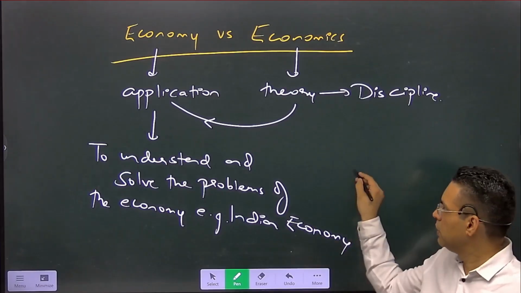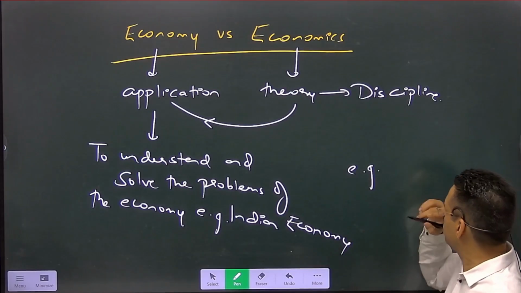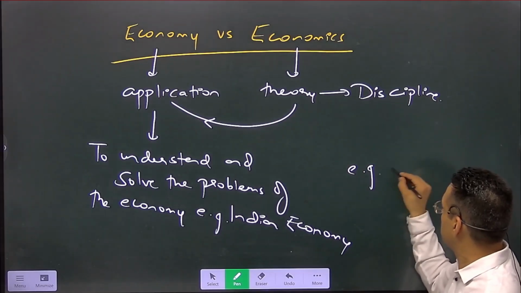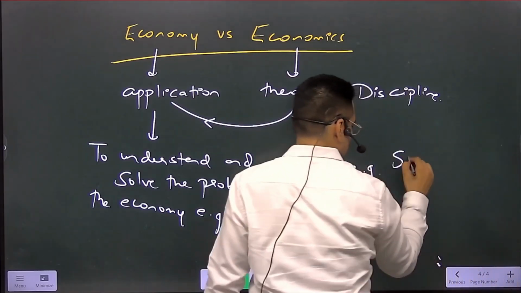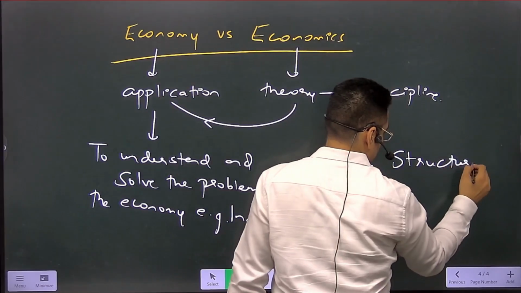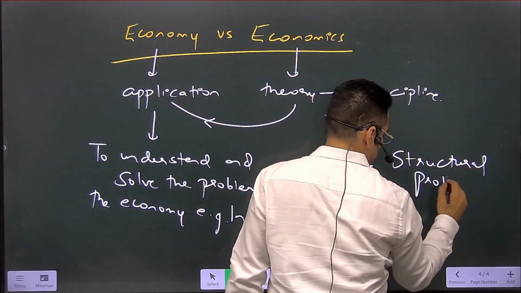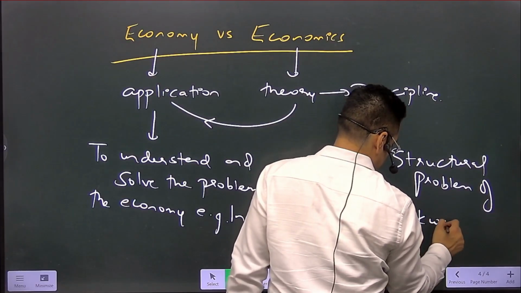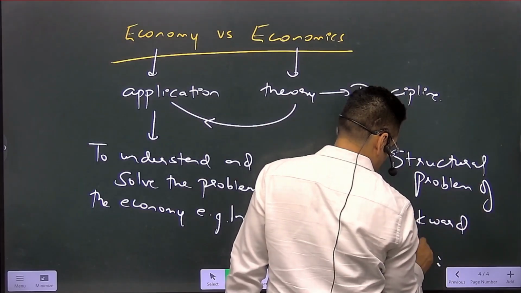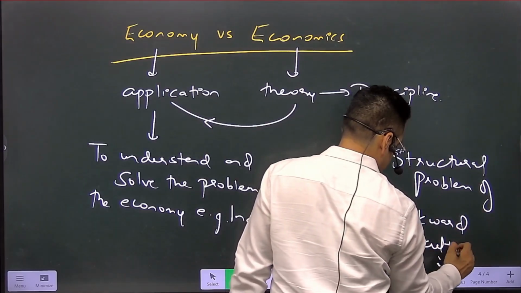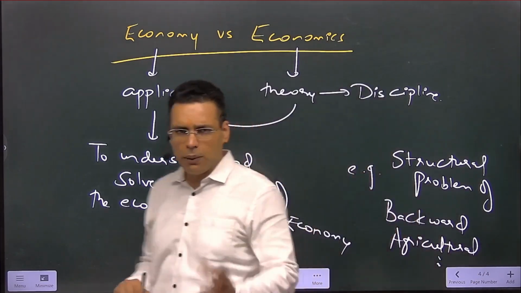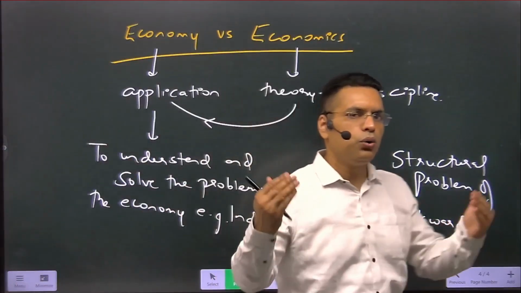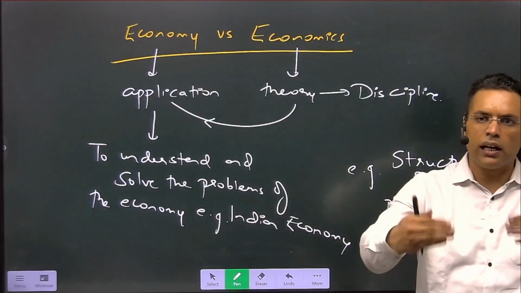Let's take an example. India faces a structural problem of backward agriculture. So it's a structural problem. I'm just giving an example. तो क्या करना चाहिए? As a student of economics, just tell me, how do we make sure that Indian agriculture does well?